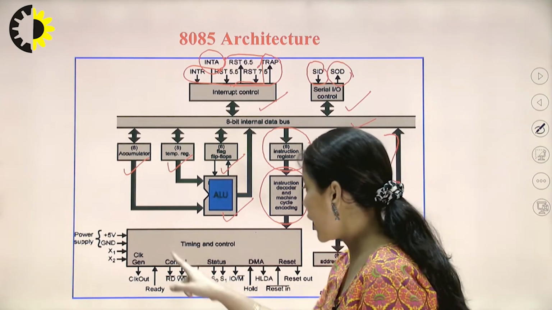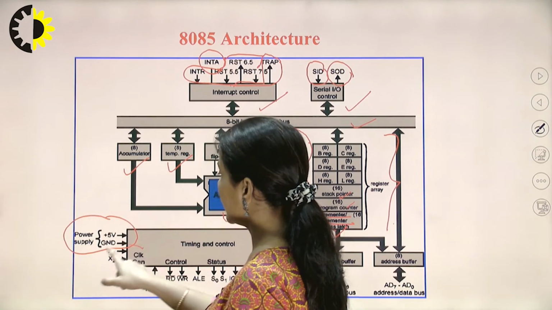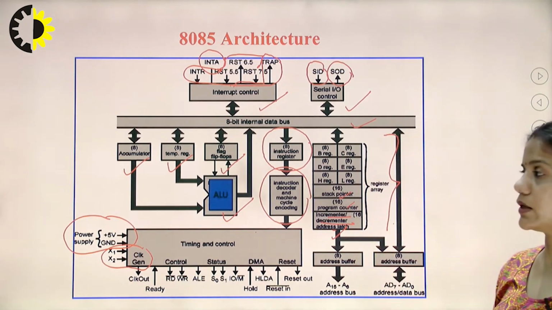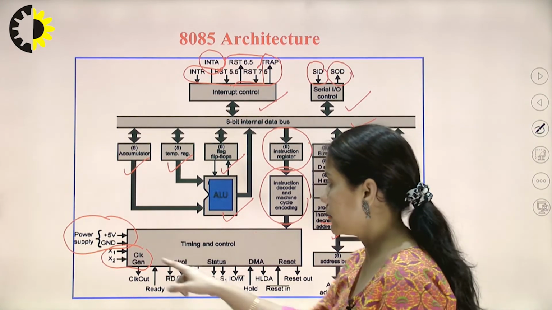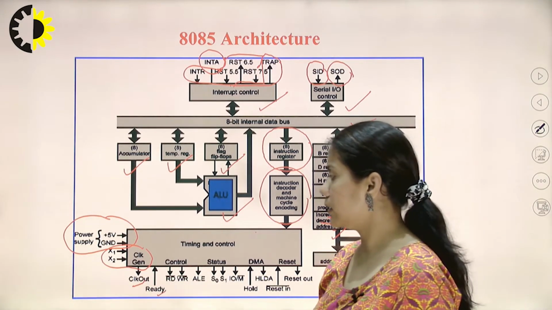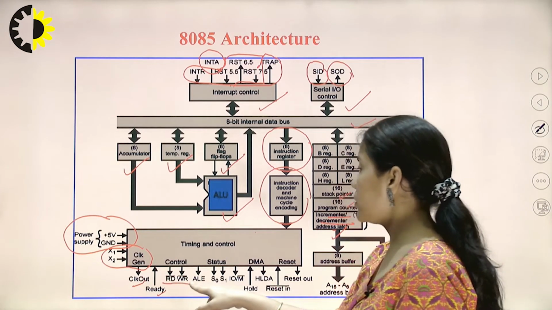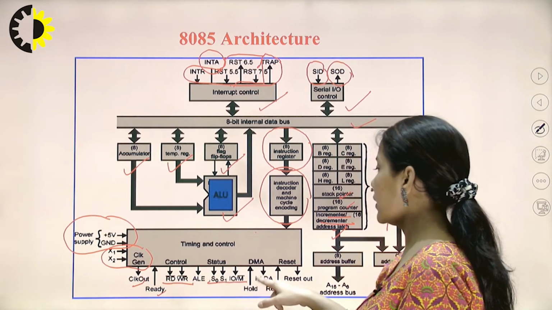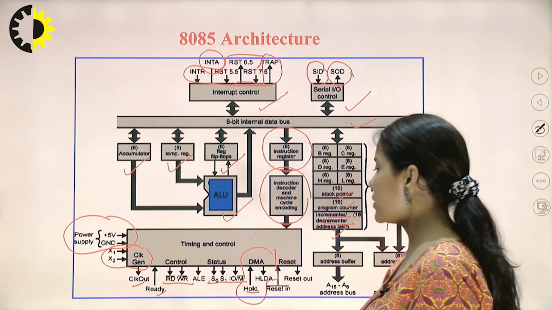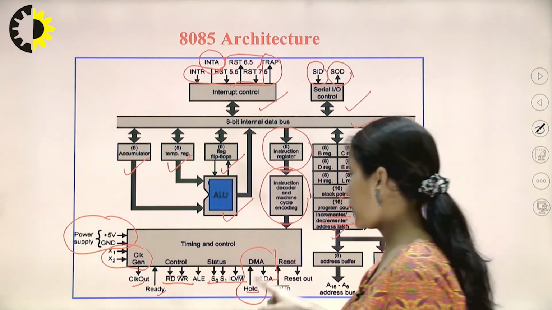Now, in this timing and control unit, there are the power supply signals. There are the crystal oscillator connecting signals that are used to provide the clock frequency to the circuit. Here the clock out signal is there, and the ready signal. We'll talk about these signals in detail. Control signals, status signals, and DMA, that is the direct memory access signals. There are two pins available for the DMA operations, that is HOLD and HLDA.